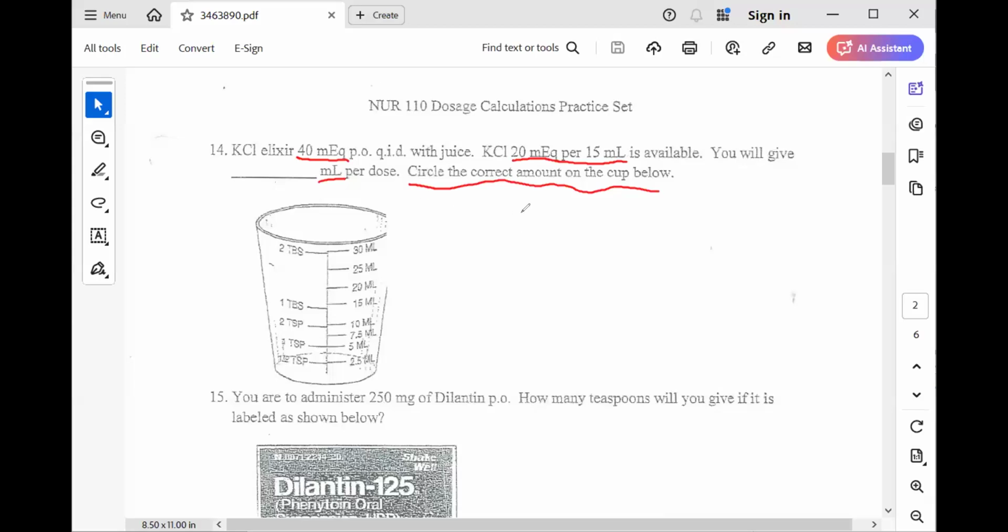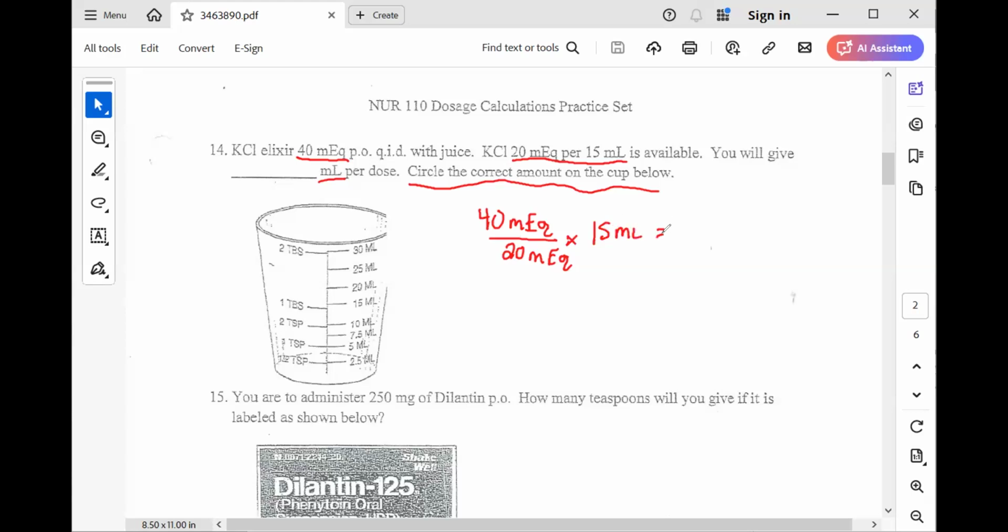So when I'm solving for this type of question, I'm going to take my order over my available, and then I'm going to multiply by my quantity, which is 15 ml.